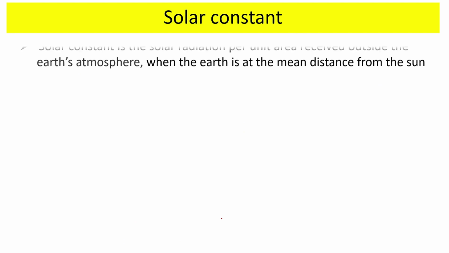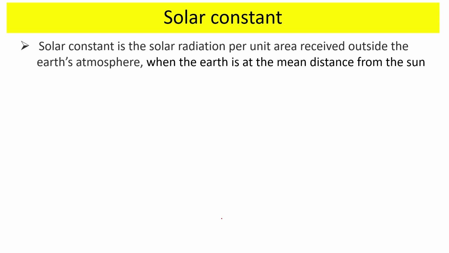So we understand what solar constant is. Solar constant is the solar radiation received by the earth per unit area. But you see, this is the radiation received outside of the earth's atmosphere, right? Because this is not the radiation which we are receiving on the land.